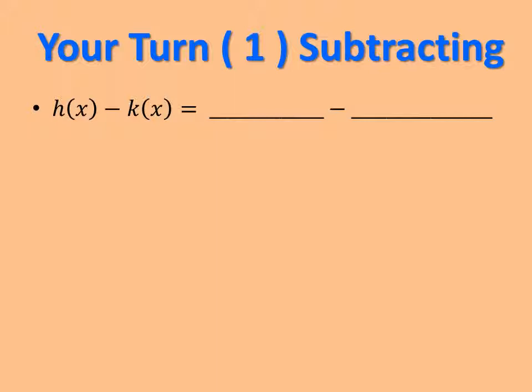So carefully write it down on your worksheet. What are your variables in h of x and what's your variable in k of x? Let's write them down first. Remember, we are subtracting the like terms, not adding, but subtracting.